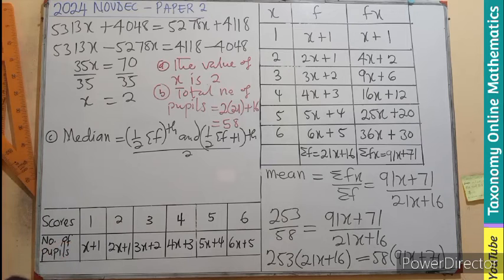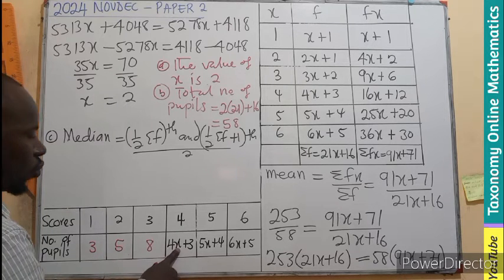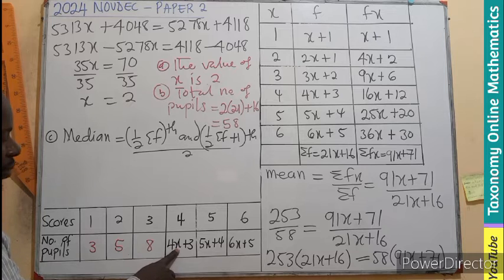But now we have the x. We can remove the x here and make it 3, right? Because x is 2. So I'll have 3 here. 2 times this is 4, plus 1 will give us 5. 2 times 3 is 6, plus 2 will give us 8.